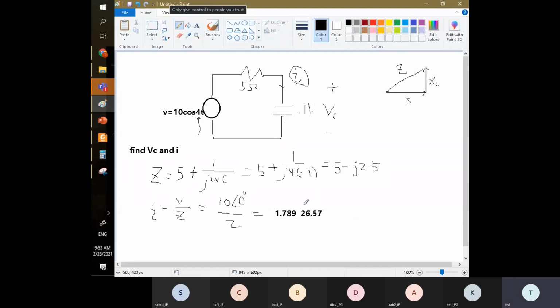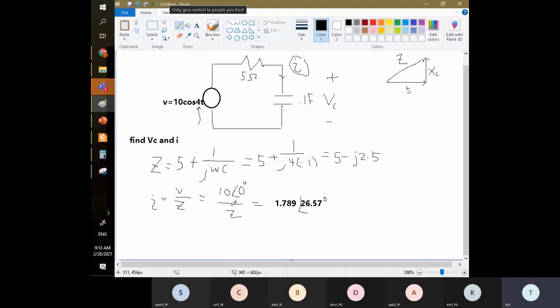I give you the answer right now. You can try yourself to convert this one to polar form. We have already done enough practice, so I'm not going to repeat again. After you find the current, you can use Ohm's law to find this capacitor's voltage.